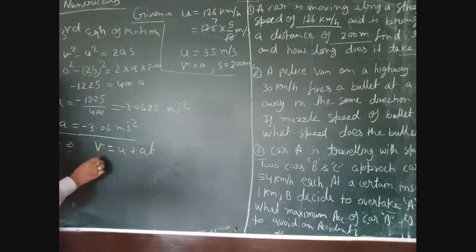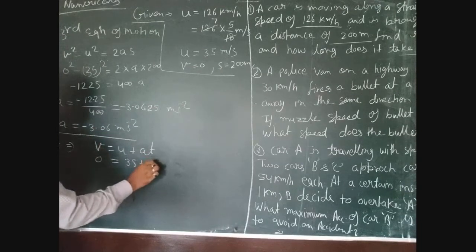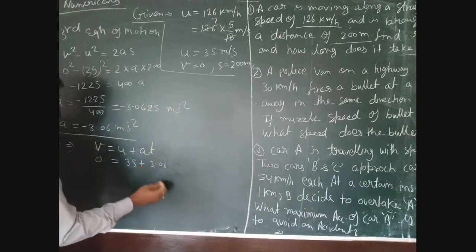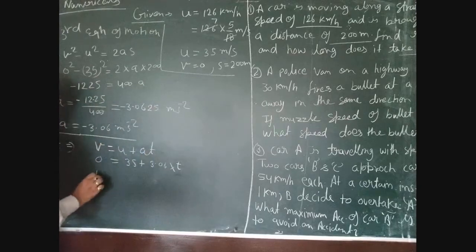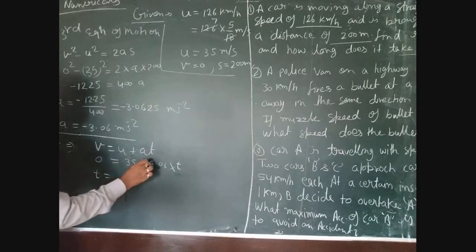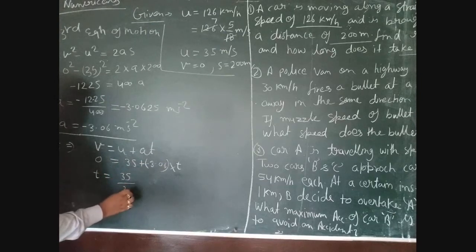Now this will be 0, this is 35, and a we have 3.06 into t, so t will become 35 upon 3.06.